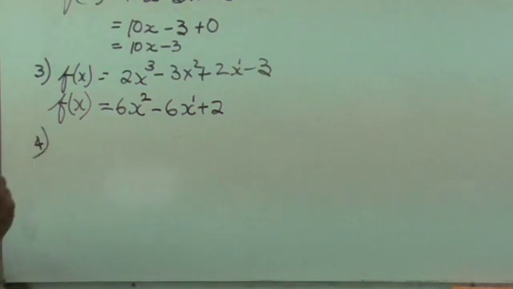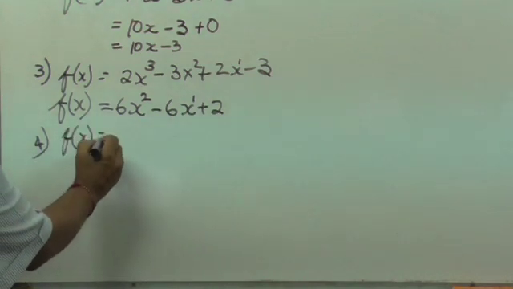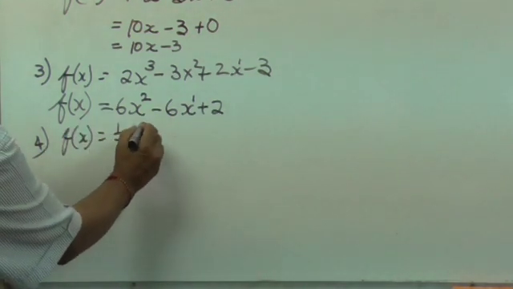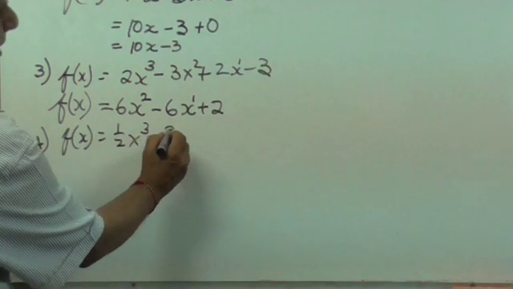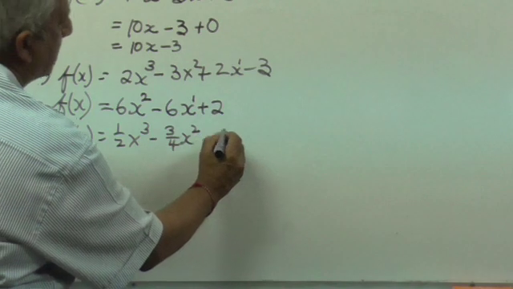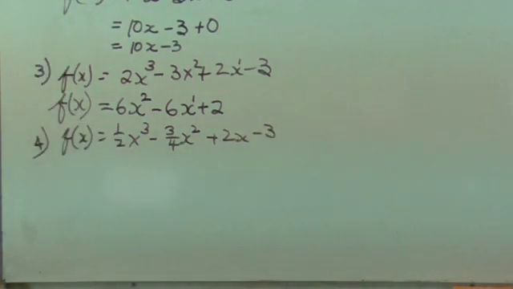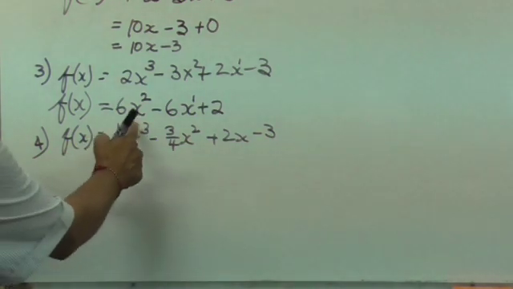Number 4, f of x is equal to half x cubed minus 3/4 times x squared plus 2x minus 3. Now when you have fractions, I'll advise you to use your calculator, right? Use your calculator.